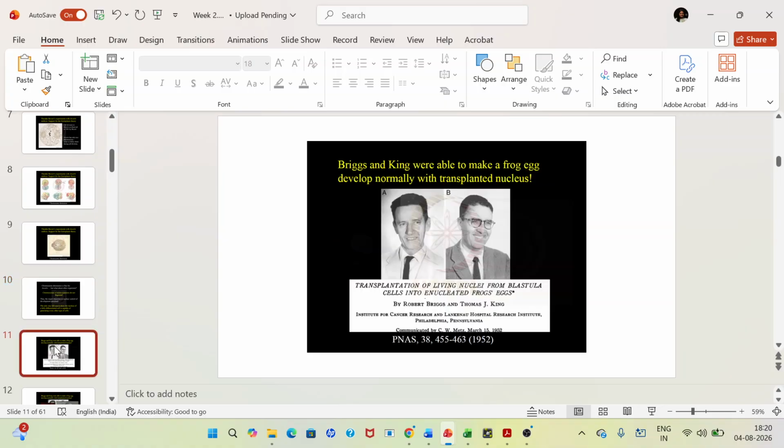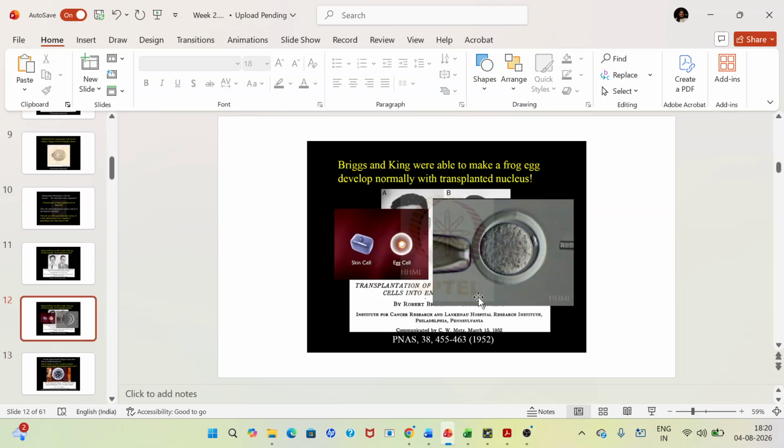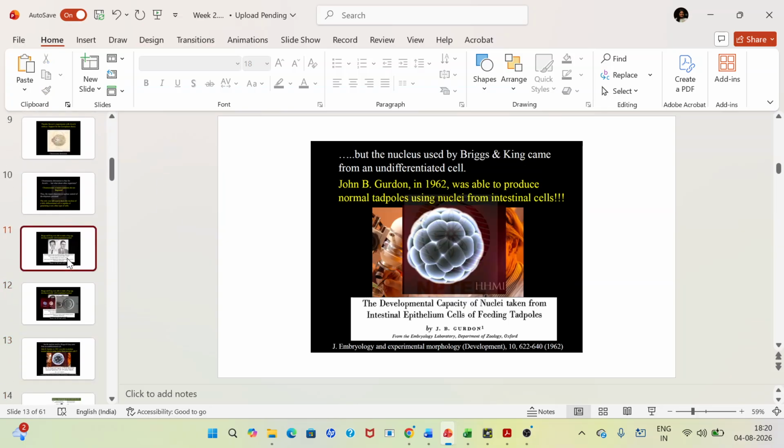Okay, so Briggs and King were able to make a frog egg develop normally with a transplanted nucleus. What they did is they took a nucleus from somatic cells, and they transplanted the living nuclei from blastula cells into enucleated frog eggs, just to show that it has all the information.